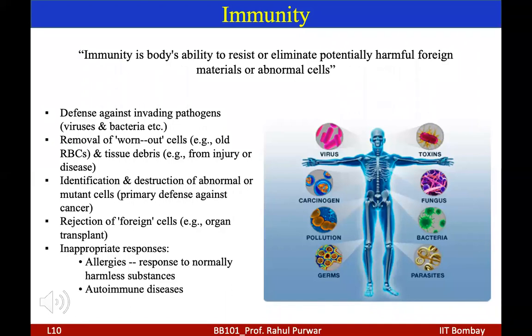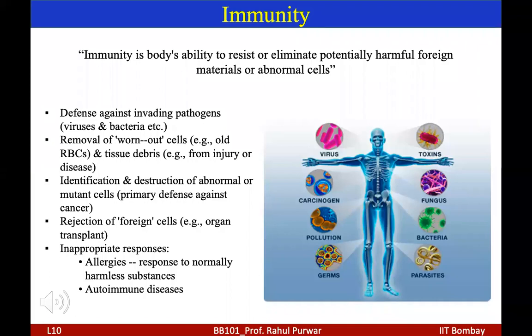But sometimes our immune system gets so activated, it fights against us only. It has somehow inappropriate immune responses. That means our body is killing our own body, and that causes autoimmune disorders.